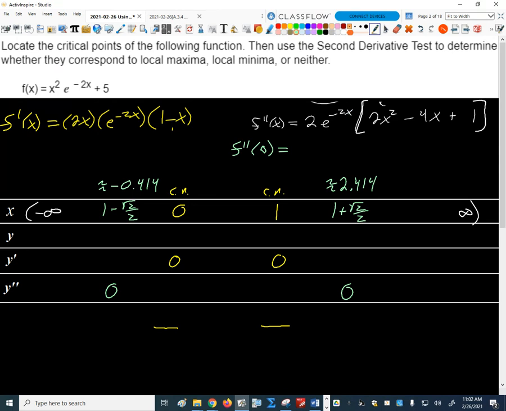What's e to the 0? 1. Good. Anything other than 0 to the 0 is 1, isn't it? So I'm going to get positive times, what am I going to get over here? 0 minus 0 plus 1. So I get a positive times 1. So it's positive, isn't it? So what's that tell us is going on at that critical number, Daisy?